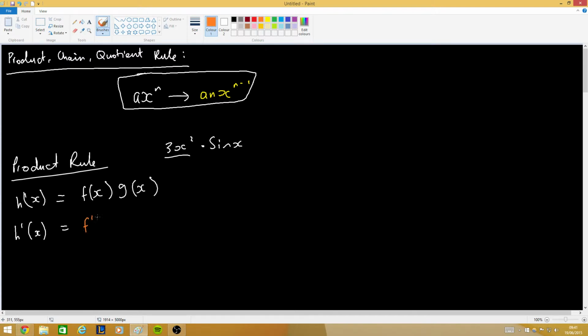We first differentiate our f of x, and then we multiply it by our g of x. And then we add that to our f of x. So this time we're not differentiating f of x, we're just leaving it as it is, and we're differentiating our g of x. And this is the general rule to the product rule.